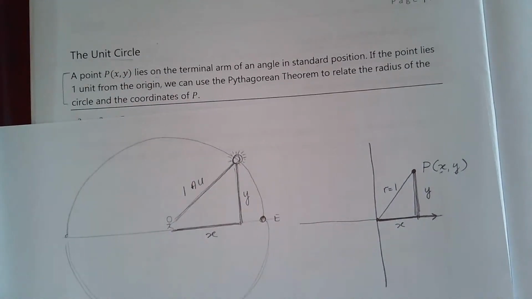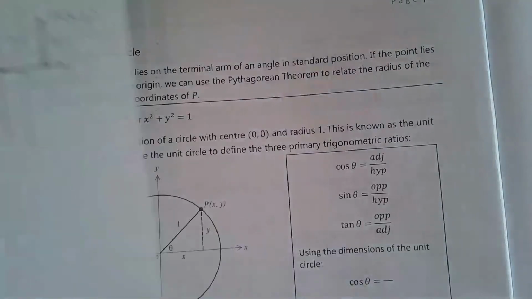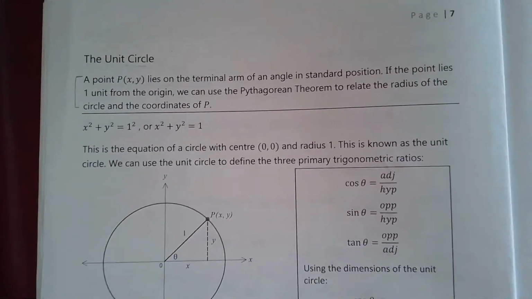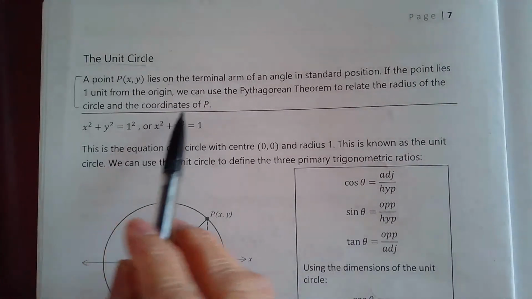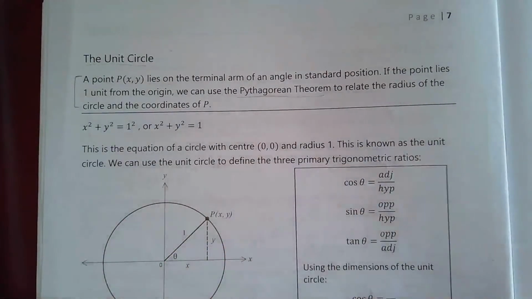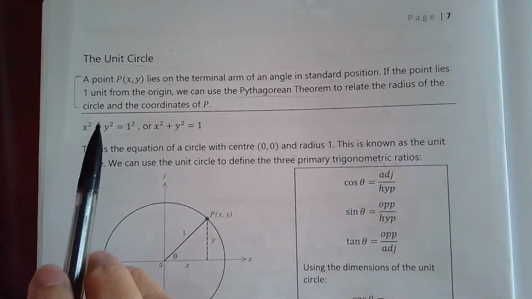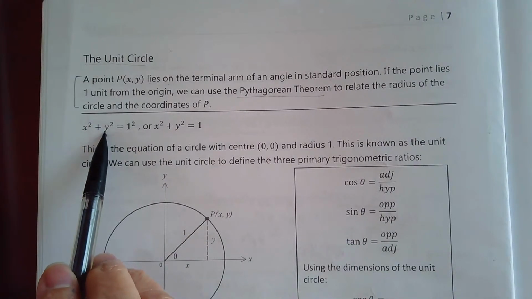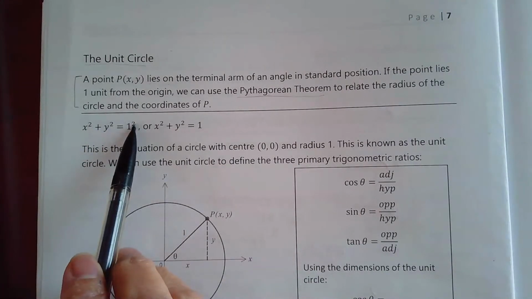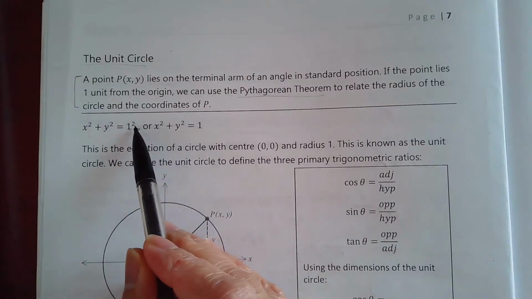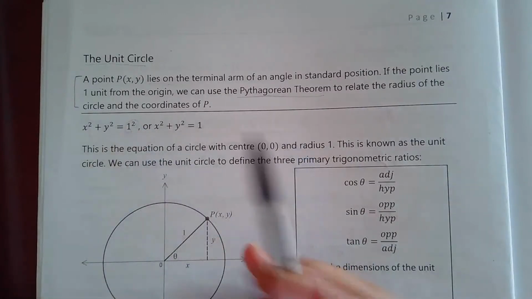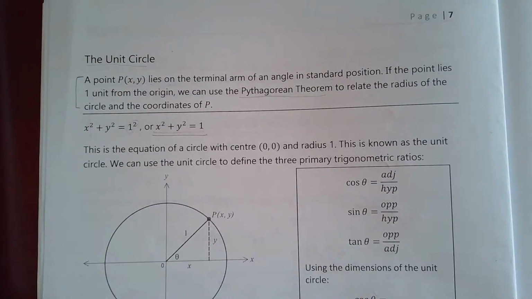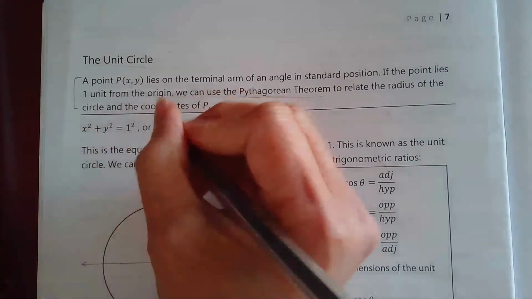It's interesting how they go parallel with each other. We are all familiar with the Pythagorean theorem: x squared plus y squared equals 1 squared. Simplifying, since 1 squared is just 1, we can say x squared plus y squared equals 1.